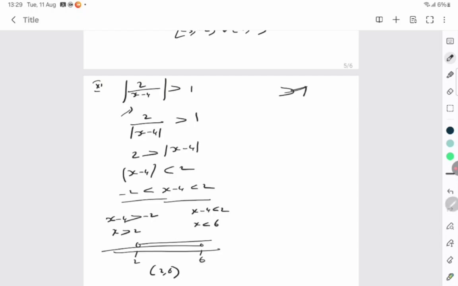If it has to be decimal numbers, the denominator mod of x minus 4 should be lesser than 2, because if the fraction is greater than 1, the denominator should be lesser than 2. Is that what I wrote here? Yeah, that's what I analyzed here, which is fine. I analyzed that x minus 4 has to be lesser than 2 and I got this answer: greater than 2, lesser than 6.